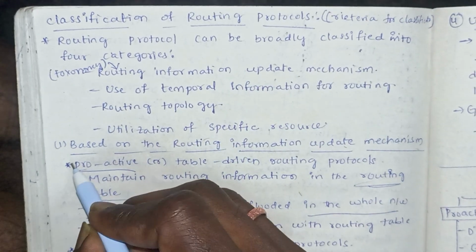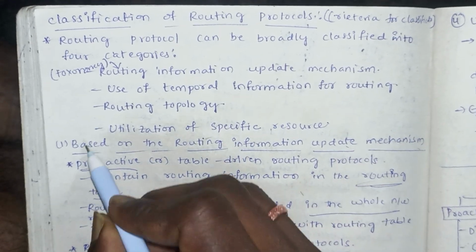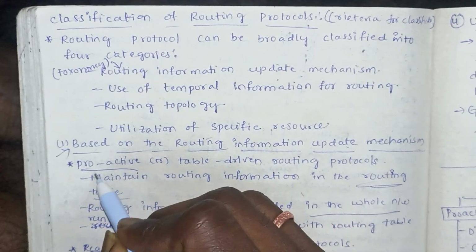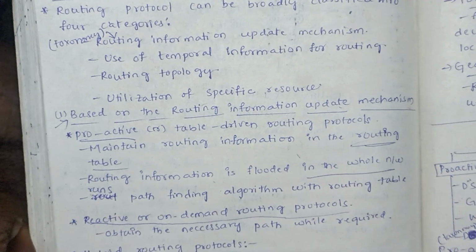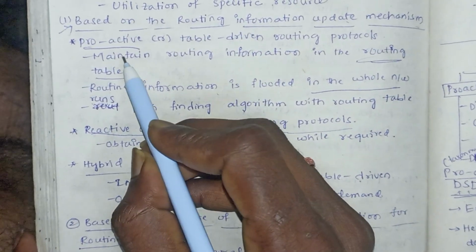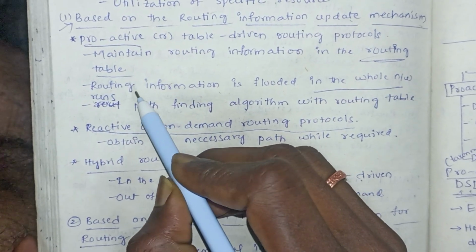First we will discuss based on the routing information update mechanism. In this criteria we have three types: proactive, reactive and hybrid. So what are those? We will discuss. Proactive is also known as table driven routing protocols.